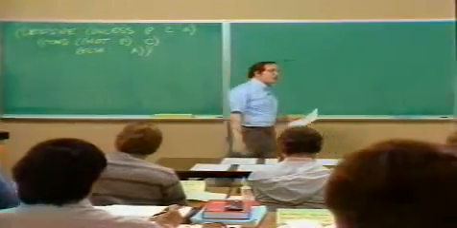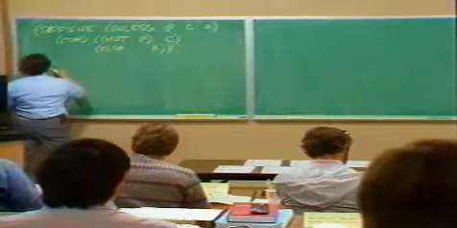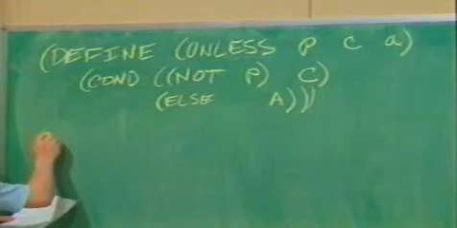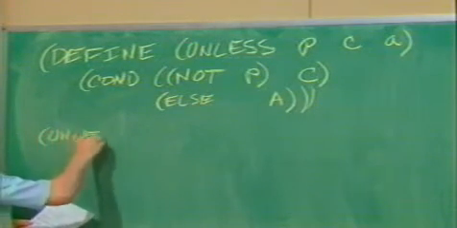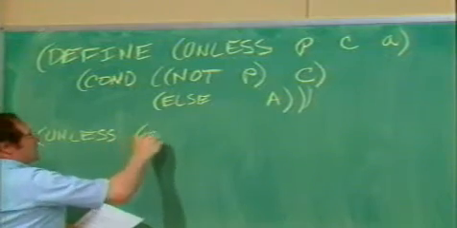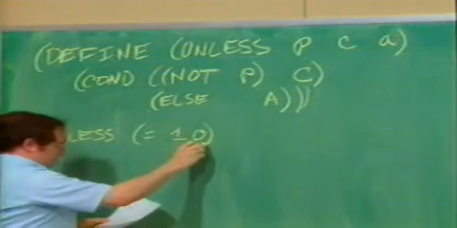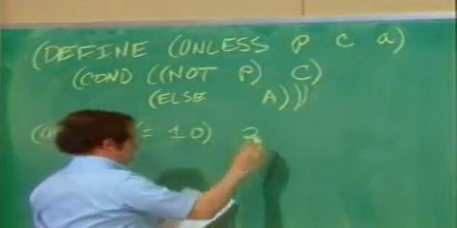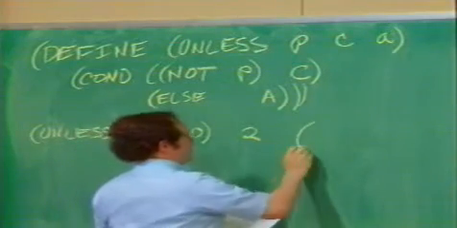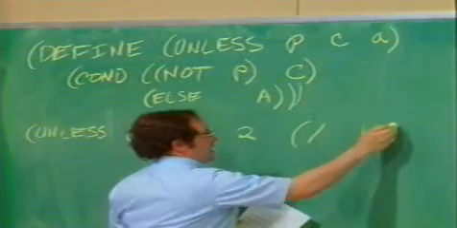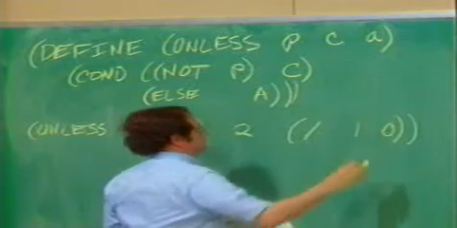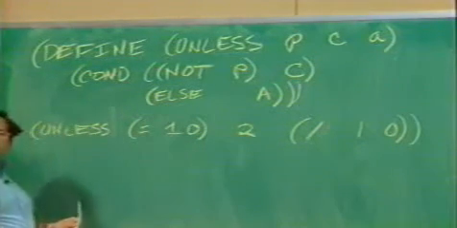Now, what I'd like this to mean is supposing I do something like this. I'd like this unless, say, if equals 1, 0, then the answer is 2. Otherwise, the quotient of 1 and 0. Okay?